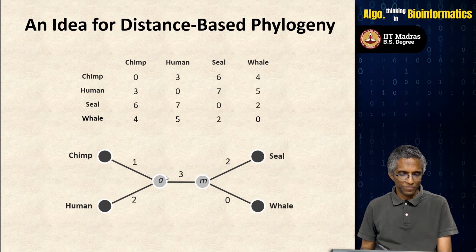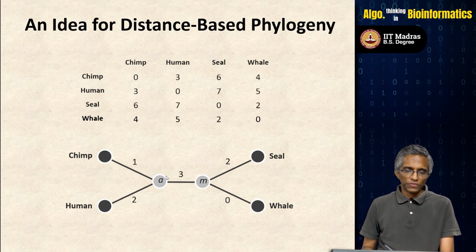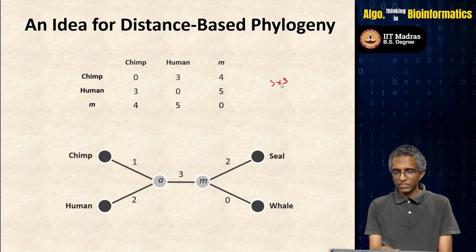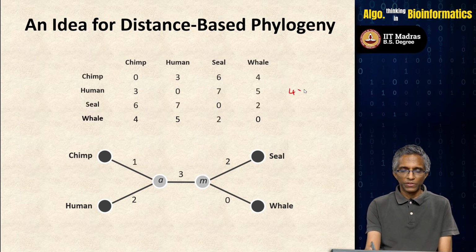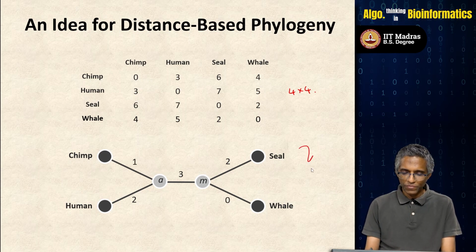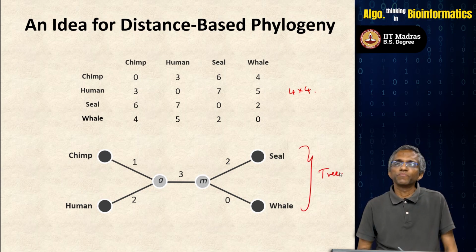Okay. And then you can go back from this 3 cross 3 distance matrix, and you can add back seal and veil and remove the M, and you will get a 4 cross 4 distance matrix, and you get the full tree which fits that distance matrix. Okay.